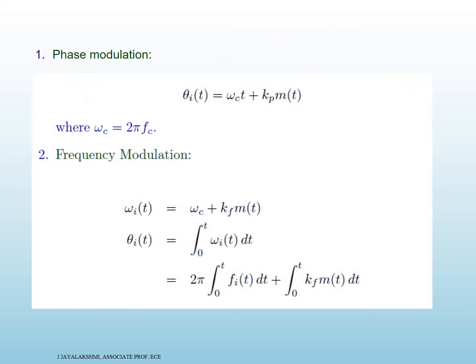Then your phase modulation is theta i of t is omega c t plus Kp m of t, where m of t is going to be your modulating signal. This is going to be the phase modulation index Kp, where the carrier angular frequency omega c is equal to 2 pi fc, where fc is going to be the carrier frequency.